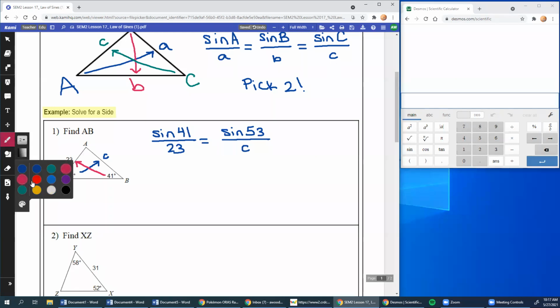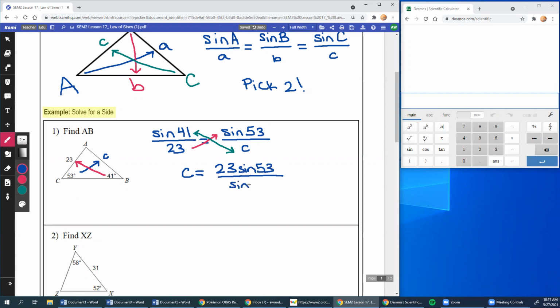This 23, we're just going to put right on top on the opposite side. But with sine 41 and c, we are going to flip-flop them, so that we have c over here by itself. And we're going to be left with 23 sine of 53 all over sine 41.